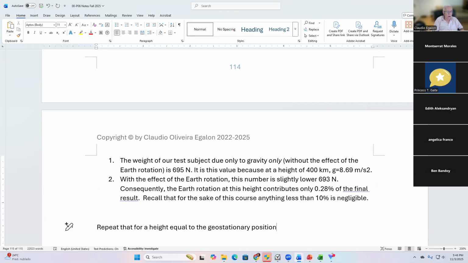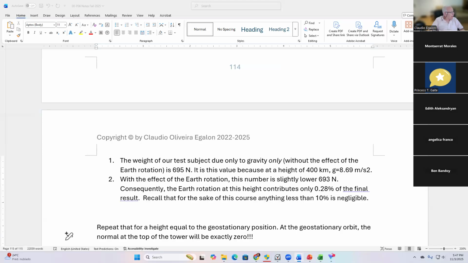I can tell you right now, at the geostationary orbit, the normal at the top of the tower will be exactly 0. Okay? So it is at the geostationary orbit where the rotation of the Earth cancels out the weight of the astronaut at that spot. And you can do this math.